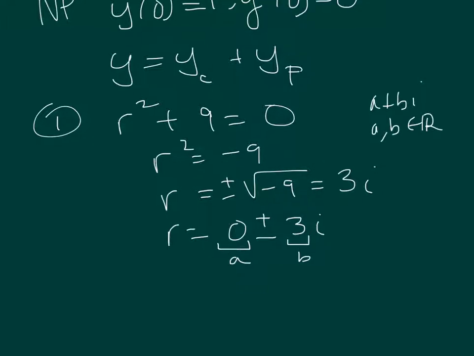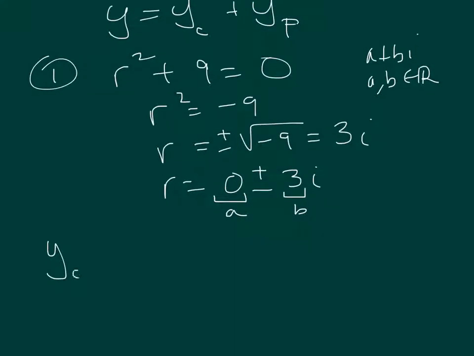Okay, so let's write our y sub c, our general solution to the homogeneous equation. It's C1 times e to the R1x. Actually, just kidding. It's not going to be that because we get a complex solution. We don't have distinct real roots here.